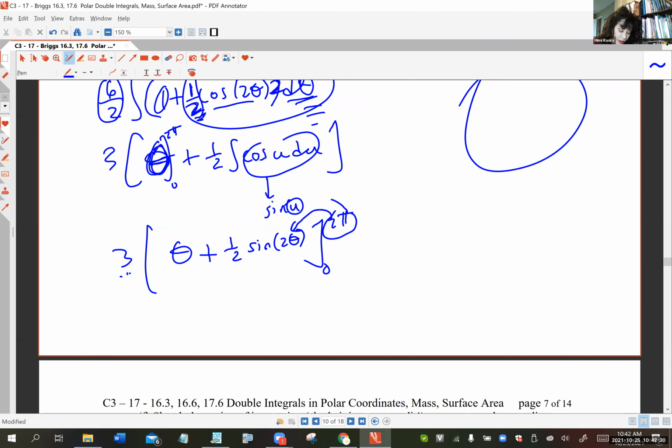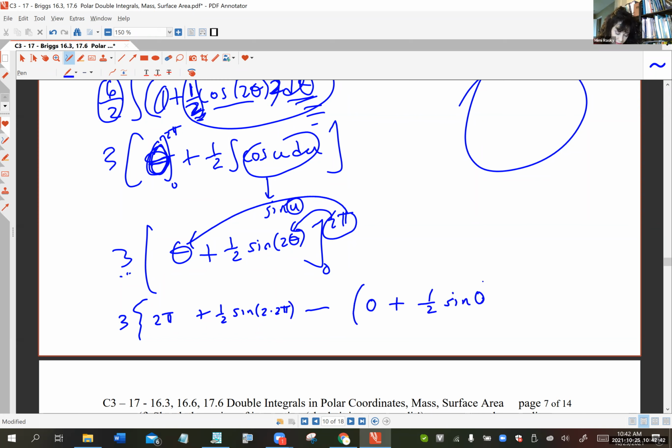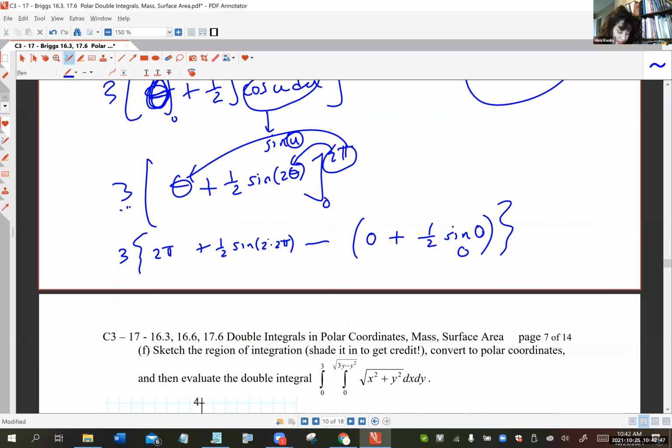Now you can start substituting in your limits here, and then minus, and then when you plug in the 0, this will go to 0 because sine of 0 is 0. And then sine of 4 pi, I believe, is also going to give me a 0. So the only contributing term is the theta.